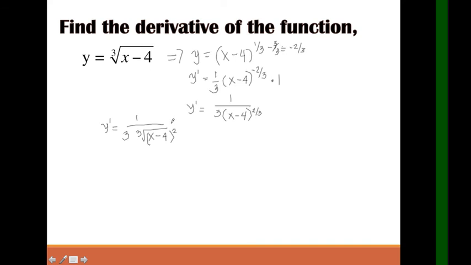Okay. So, multiply both sides, I think, no? Ng ating cube root of x minus 4 squared. Sorry po sa space. Cube root po ito, ne? Cube root po yan.